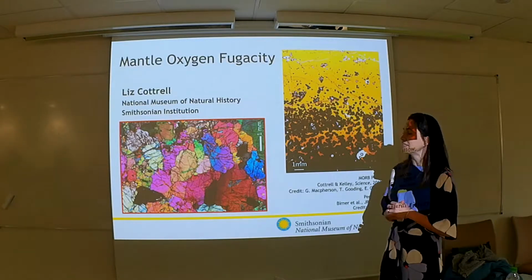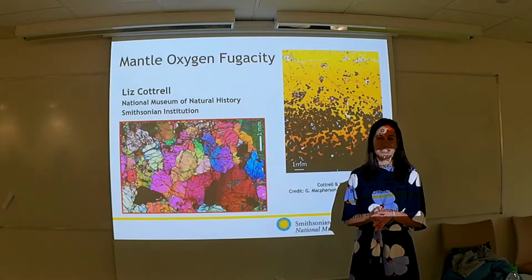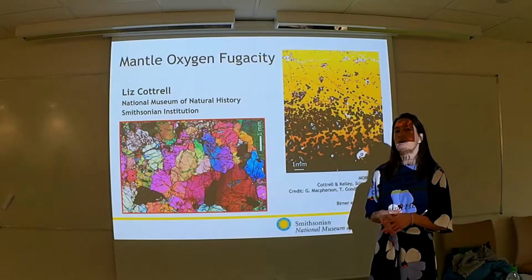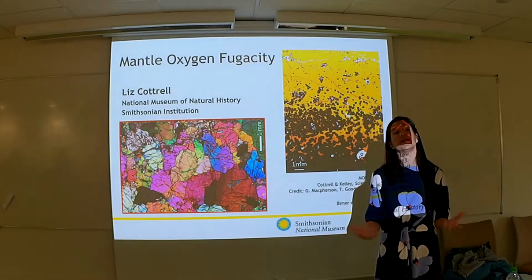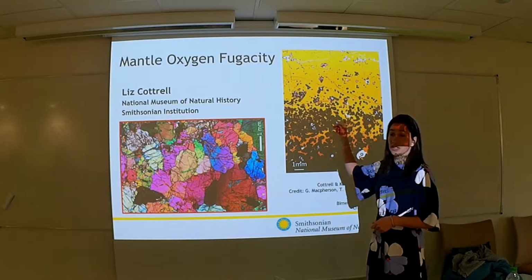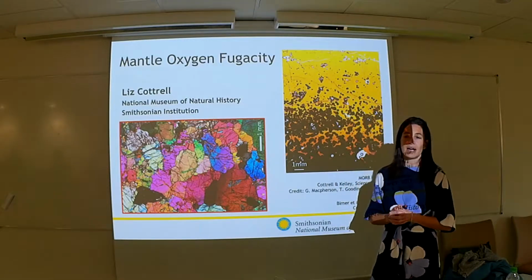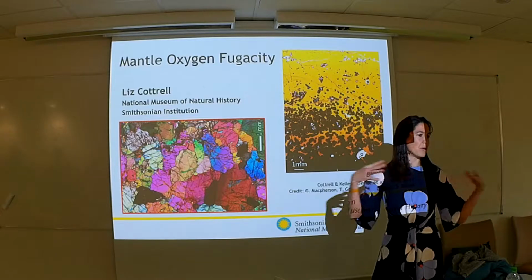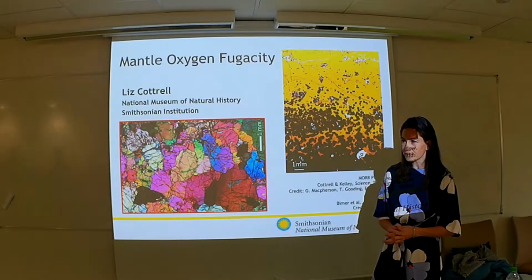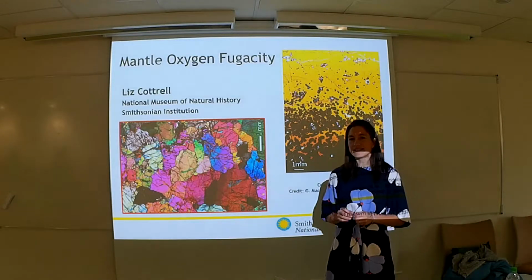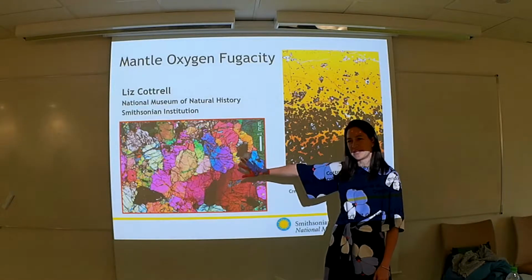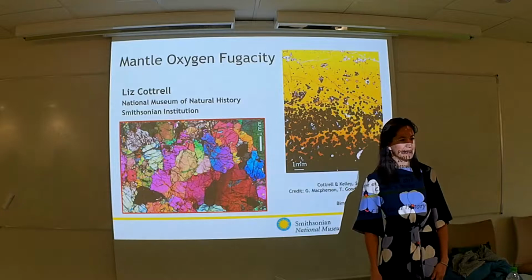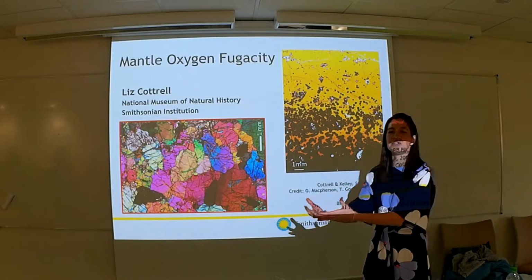I want to do something a little bit different today, talking about mantle oxygen fugacity. We know a lot and have a good global understanding from mid-ocean ridge basalts, which we have samples of from all over the globe. But not since 1990, not for 30 years, has anyone paid attention to abyssal peridotite, which are the residue of melting.